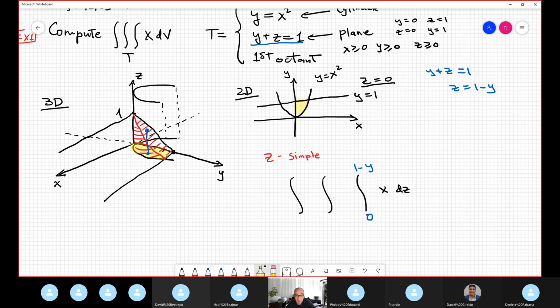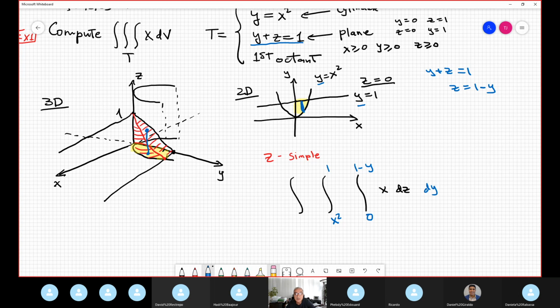Okay. Now, well, this is classical. For example, I make a decision to integrate in this direction, so parallel to the y, so it's dy, go from the parabola to the line. Y value, so y value from this to this. So it's from y equal x squared to y equal 1.